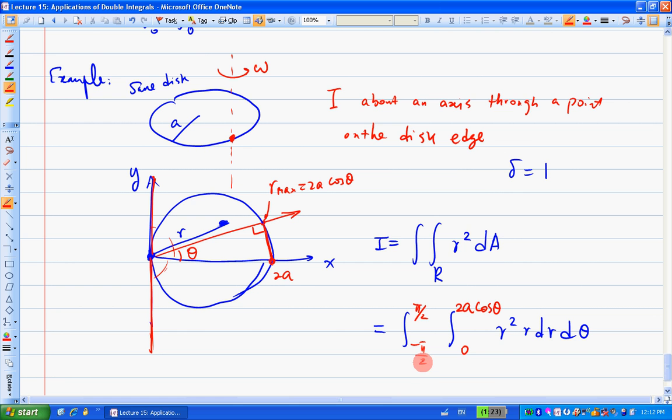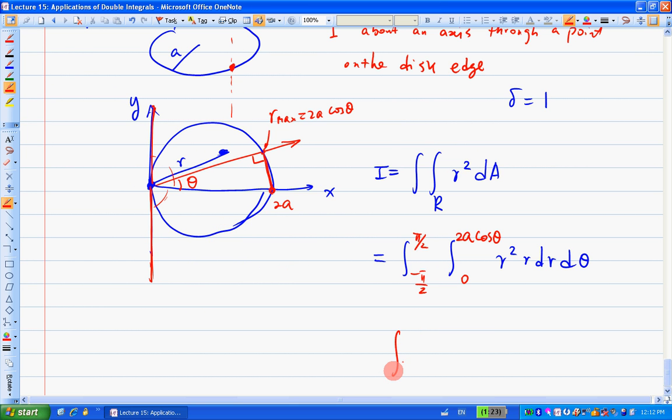Instead of using negative pi over 2 to pi over 2, what else could you use? Negative pi over 2 is where you count from here. So how about if I count from here up to here, what's this value? 3 pi over 2, right? And I keep going up to here.